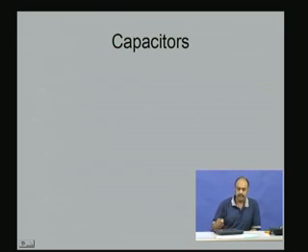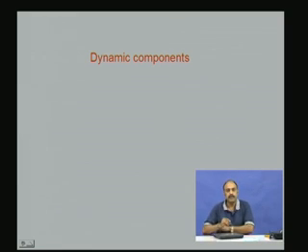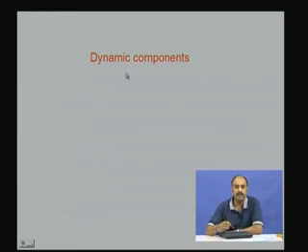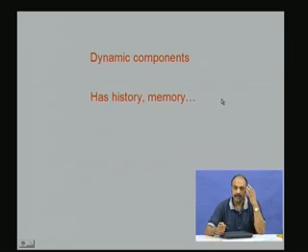So, now what are capacitors? Comparing with the resistor, we see that capacitors are dynamic components. What does it mean by dynamic components? It means it can remember, it has history, it can store the past states or the past values, it can have initial conditions. That is what a dynamic component means.